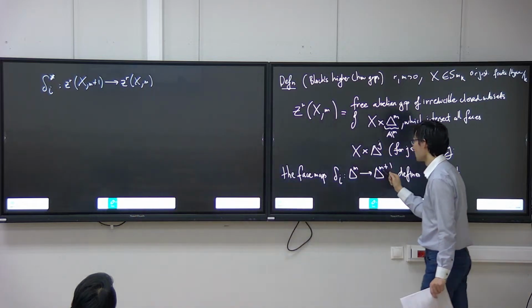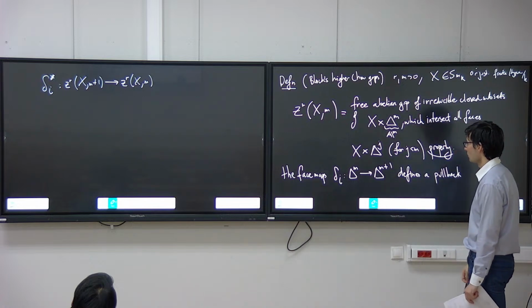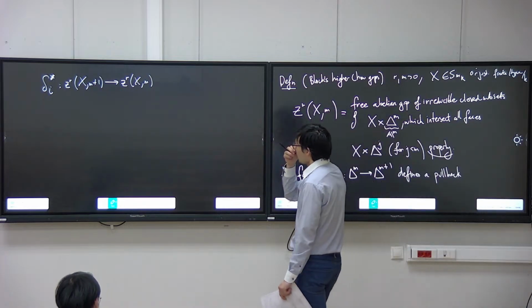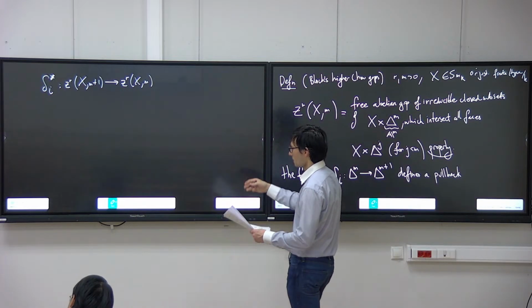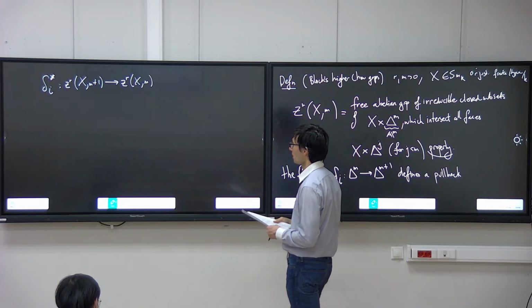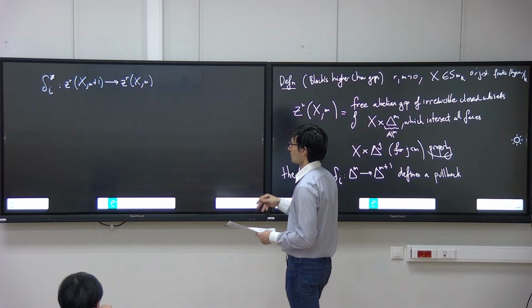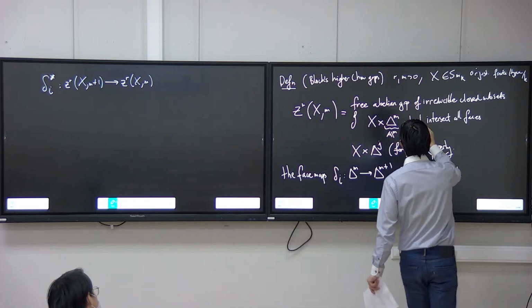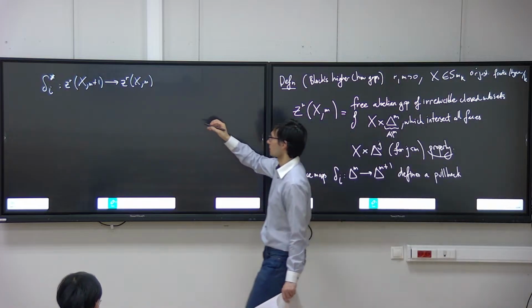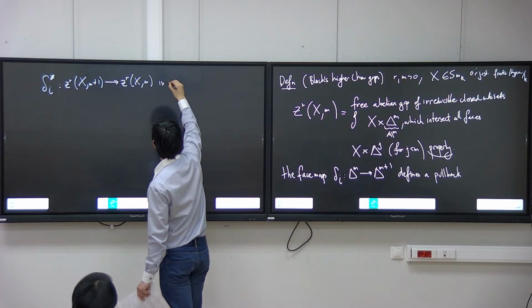But this is a closed immersion, and it's typically not smooth, so the pullback will be defined through some intersection product. And it turns out that by adding this condition, which intersects all faces properly, this pullback is actually well defined.